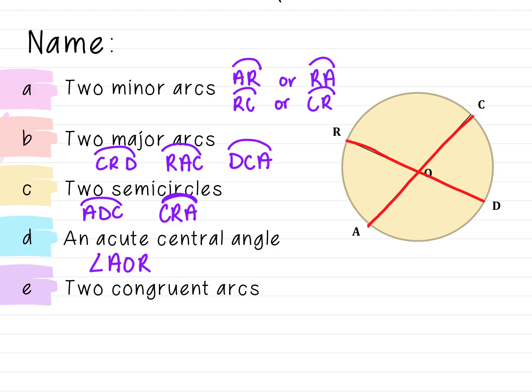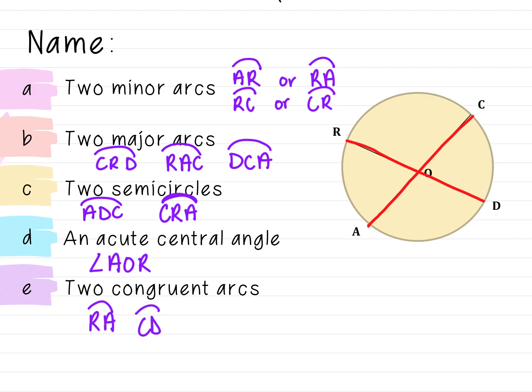Two congruent arcs. Did I say angle? I'm sorry. Two congruent arcs. Callie? RA and CD. Yeah, I guess we could say they're vertical angles. Oh, RA and CD. I'm sorry. RA and CD.